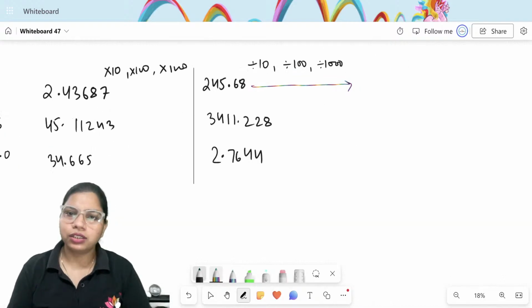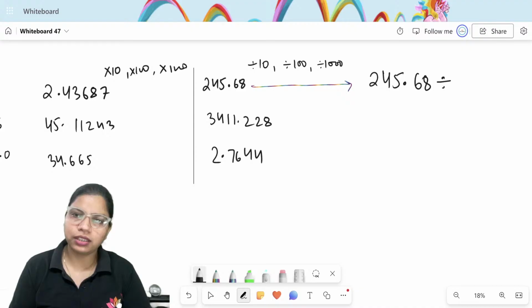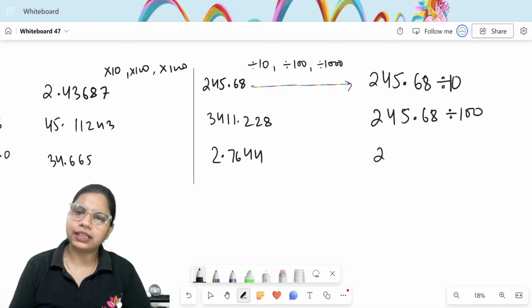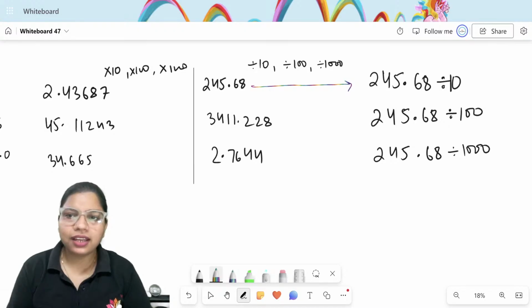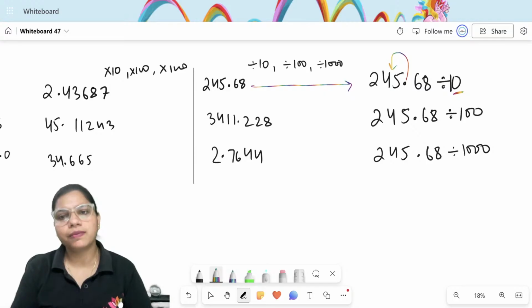Maybe it is 245.68 divided by 10, 245.68 divided by 100, 245.68 divided by 1000. When we divide by 10, it has one 0, so we're going to be moving the decimal to the left side one place. Here 2 places, here 3 places.